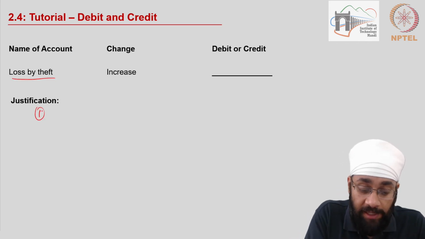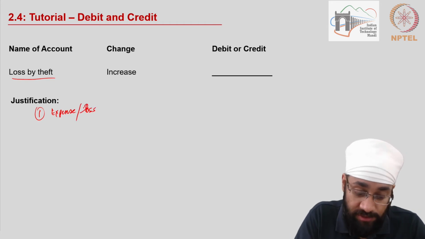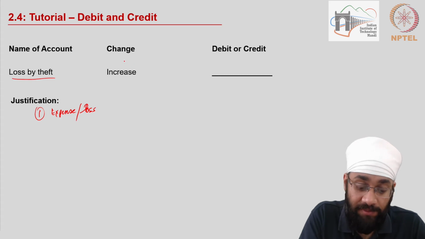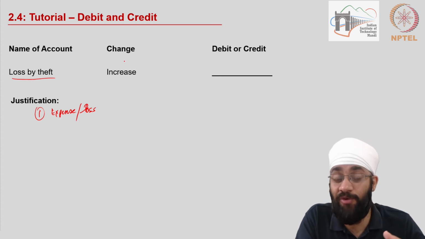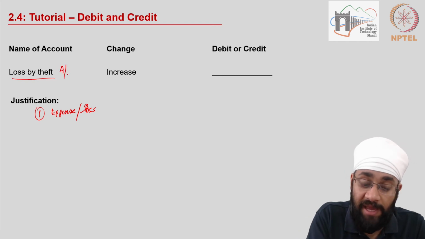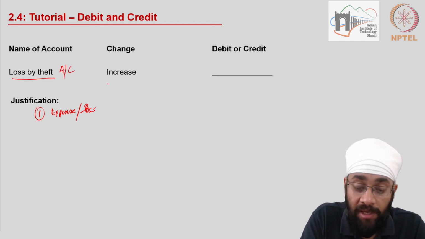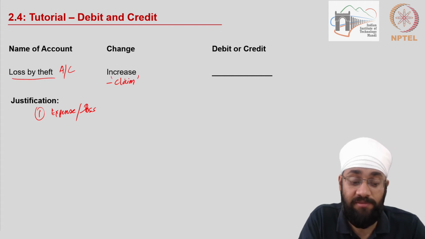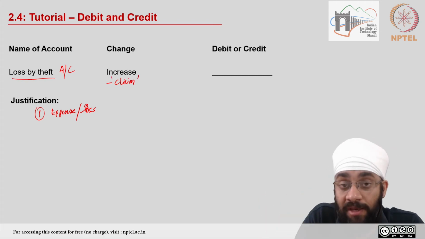Loss by theft, again, it comes into the category of expense slash loss. Loss increases, meaning possibly there was earlier no loss by theft. Now there is loss by theft. In the loss by theft account, you will have to write something. So your claims go down because theft has taken place. Either the money has been taken away, your claim on that money goes down.